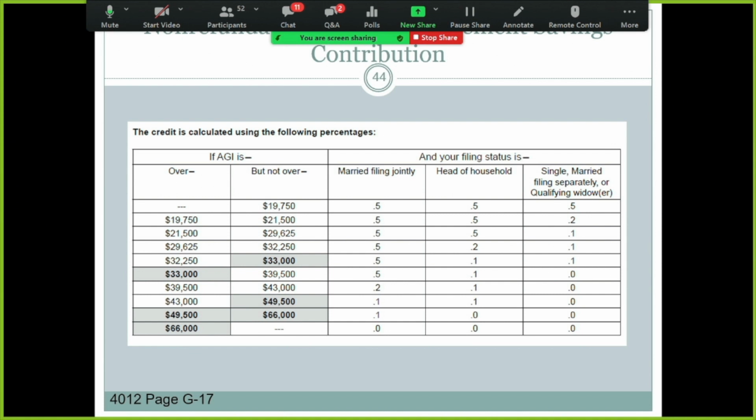For instance, if the AGI is between $19,750 and $21,500, the percentage is 0.5 for married filing jointly, 0.5 for head of household, and 0.2 for single, married filing separately, or qualifying widower. But again, no worries, TaxSlayer is going to automatically compute this based on the information that was input from your W-2.